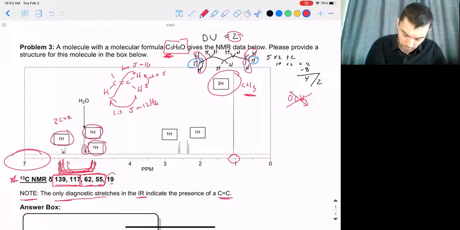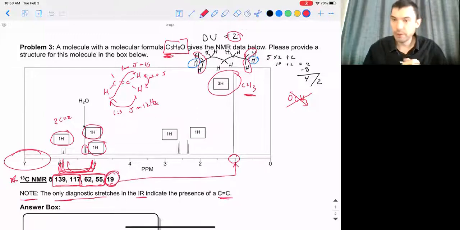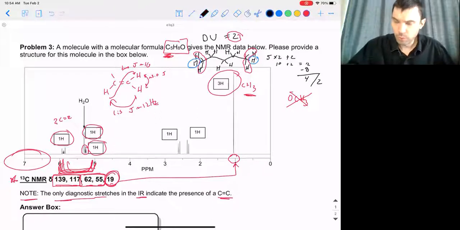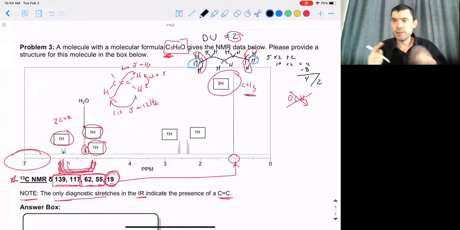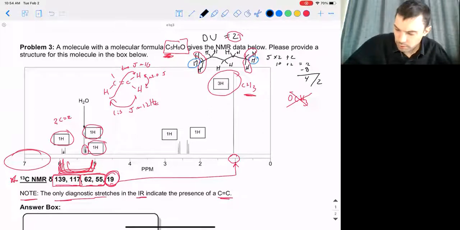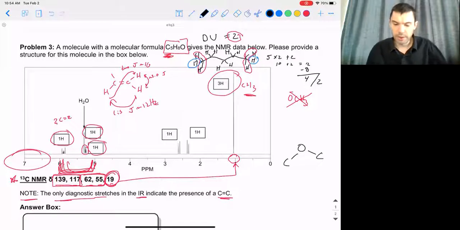The last carbon here at 19 is most likely going to be this methyl carbon, down in the saturated carbon NMR region. Okay, so if we only have one oxygen, and that oxygen needs to be bound to 2 carbons, then we have to have something like this, and that would give us our ether.